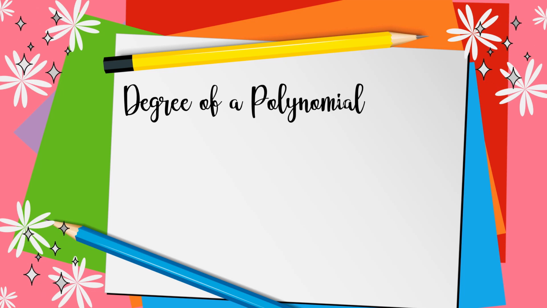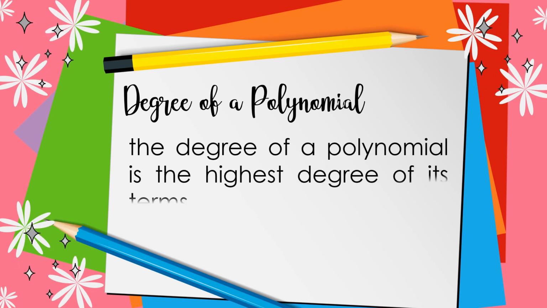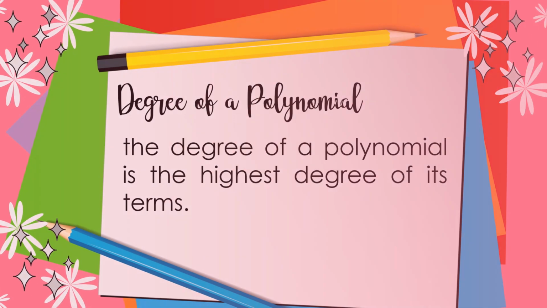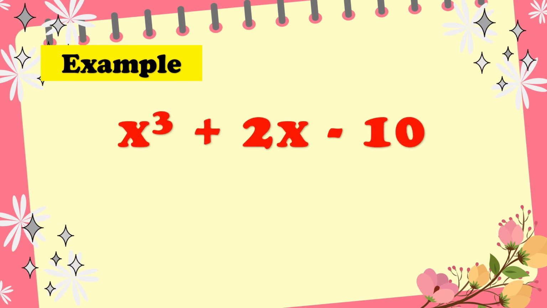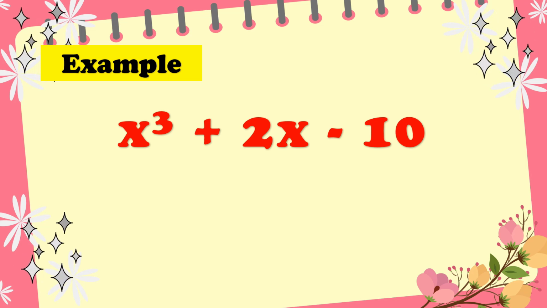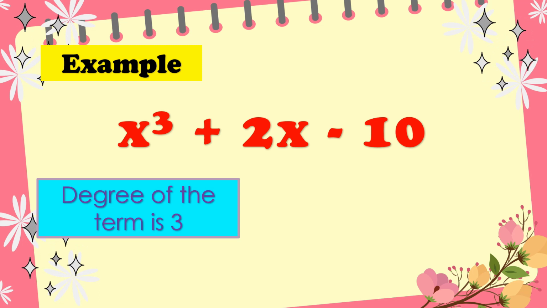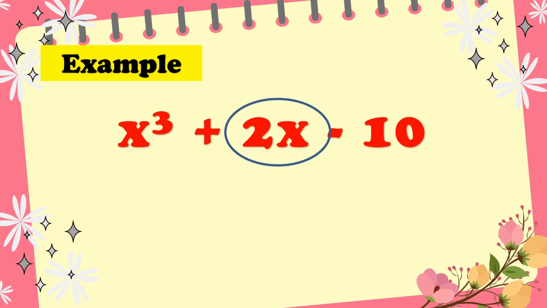Degree of a polynomial. The degree of a polynomial is the highest degree of its term. x cubed plus 2x minus 10. I-determine muna natin yung degree ng bawat term. x cubed. Anong degree meron tayo? 3. 2x.